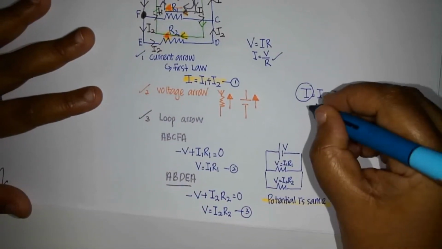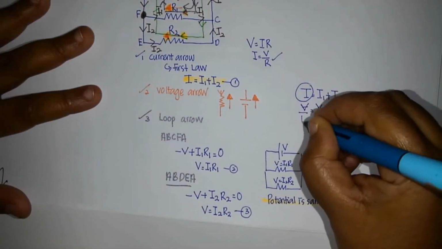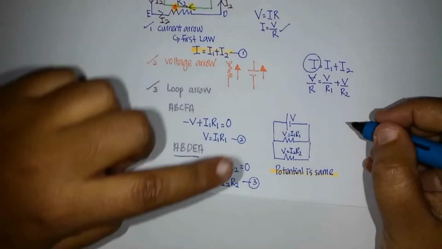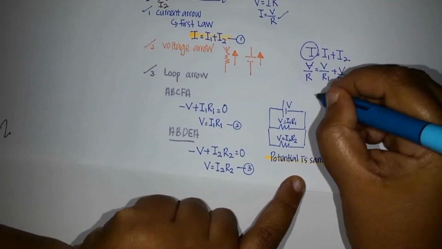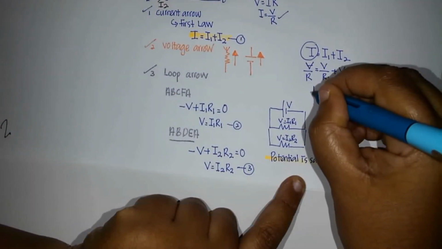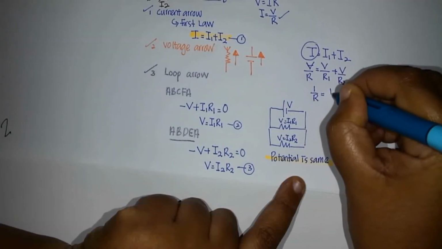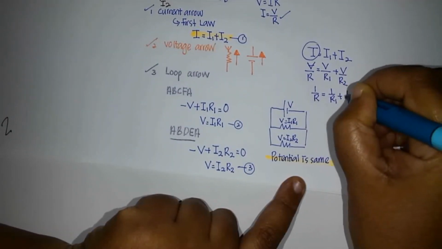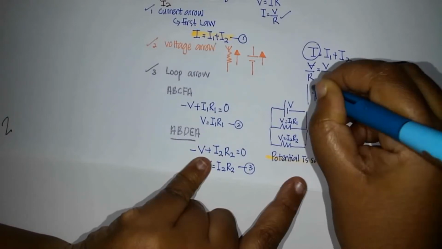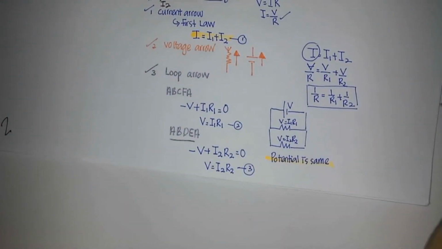So here will be V over R. So according to Kirchhoff's second law, potential is same. So therefore, I cancel all. I get 1 over R equals to 1 over R1 plus 1 over R2. So I get the formula for the effective resistance.